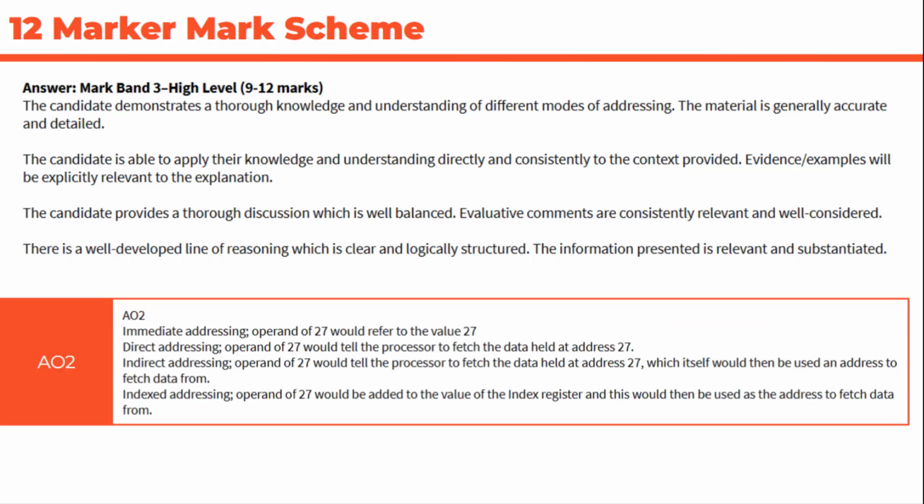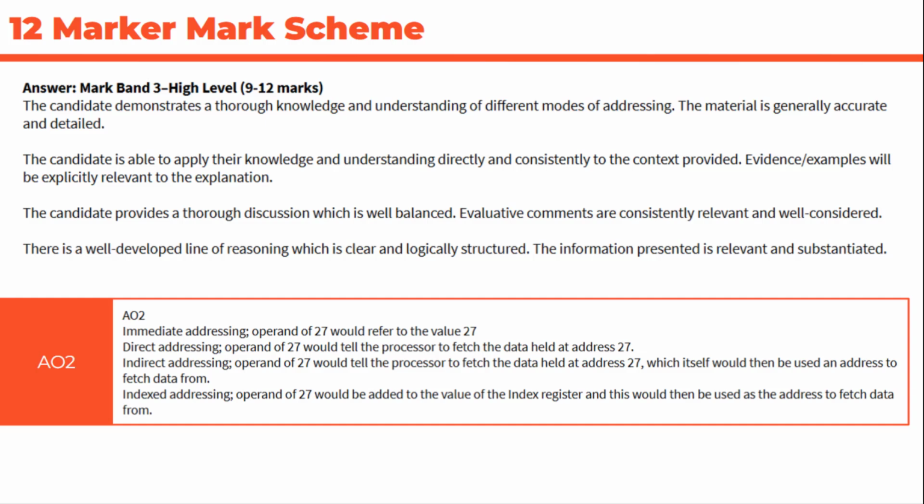That comes in AO2. This is where we start to link it now. So we've got immediate addressing of operand 27 would refer to the value 27 exactly. Direct addressing of operand 27 would tell the processor to fetch the data held at memory address 27.